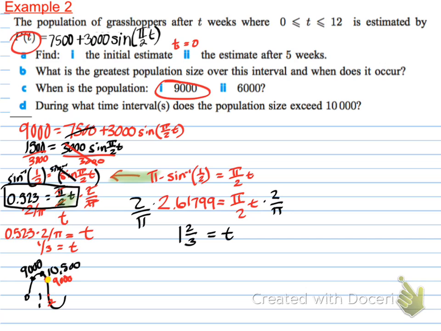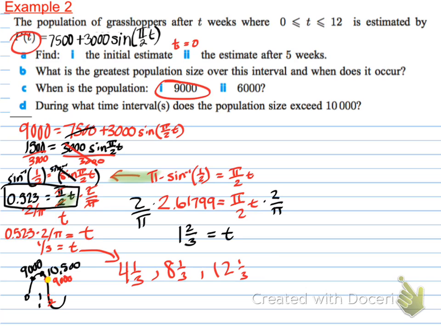So I found my two values for when the population was 9,000. I could go on and find even more values because they continue and repeat every period, right? So it could be at 4 1/3 weeks. It could be at 8 1/3 weeks. I'm simply adding a period to this original time that I found. And I could keep doing that to find an infinite number of values.